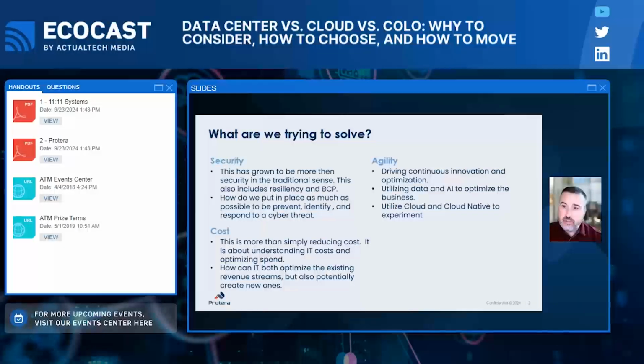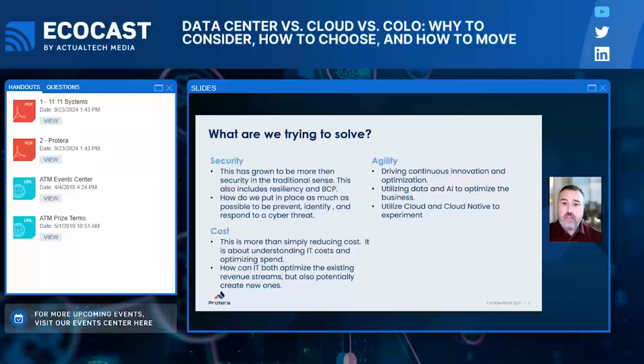And this idea of agility. Agility has, again, evolved through the years. A lot of the value of public cloud comes from this idea of continuous innovation. Public cloud gives us the capability to utilize cutting edge tools to solve problems.